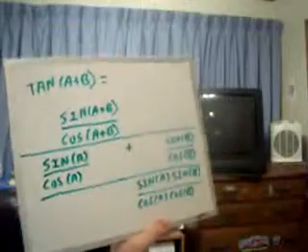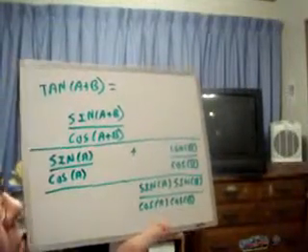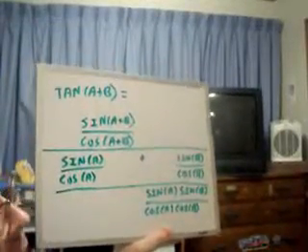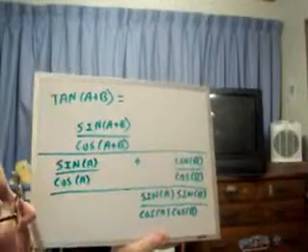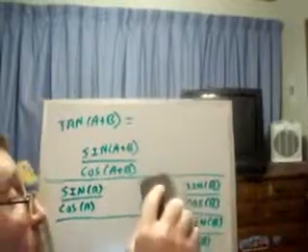Now, doesn't that look a little prettier? Well, of course it does. Now then, can we make this even simpler than what we've got right here? Well, first of all, we can do this.